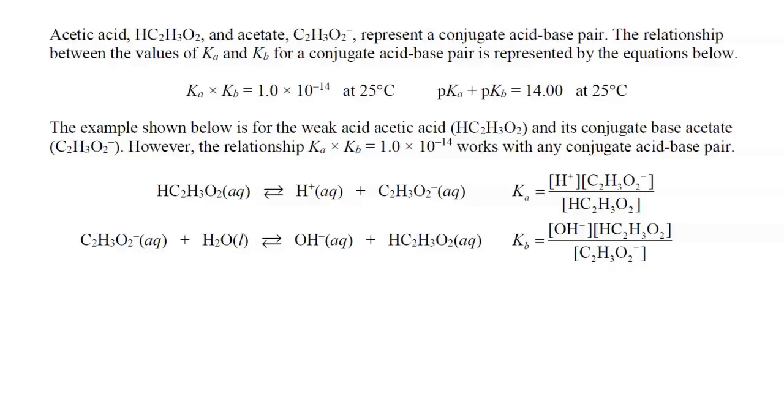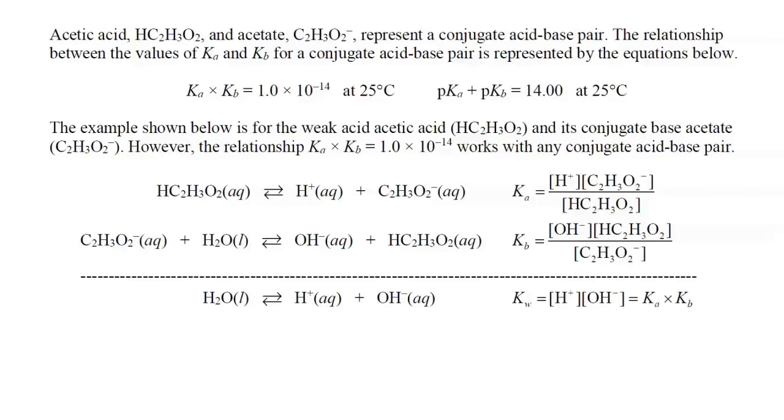Take a look at what happens when we add these two equations together. The first equation involves acetic acid. The second equation involves acetate. So when I add these two equations together, watch what cancels out on opposite sides of the equation. I can cross off the weak acid, acetic acid, on the left and on the right. I can cross off the weak base, acetate, on the left and on the right.